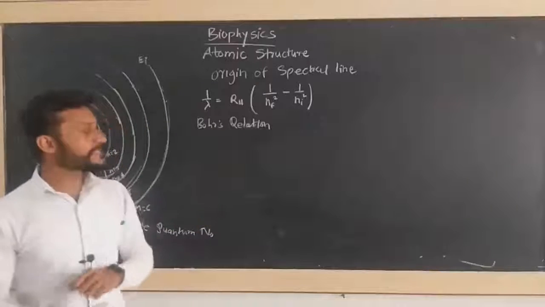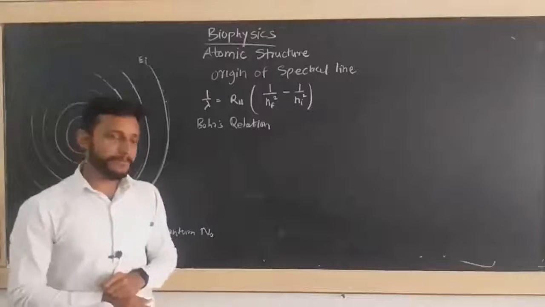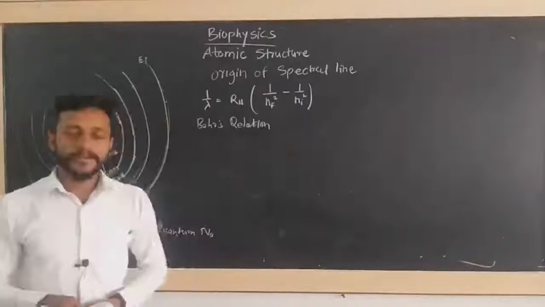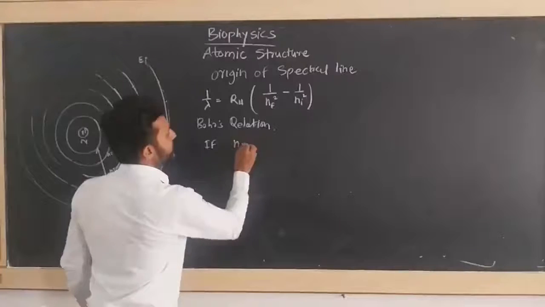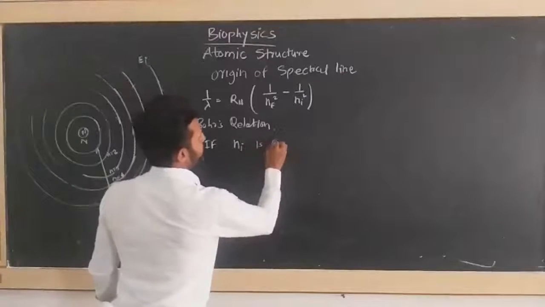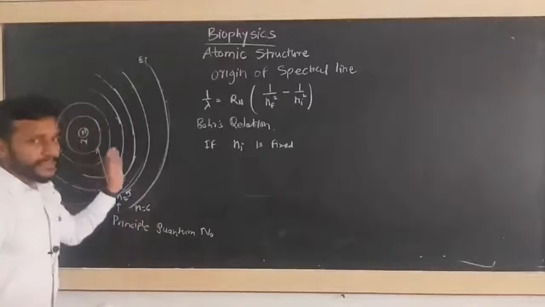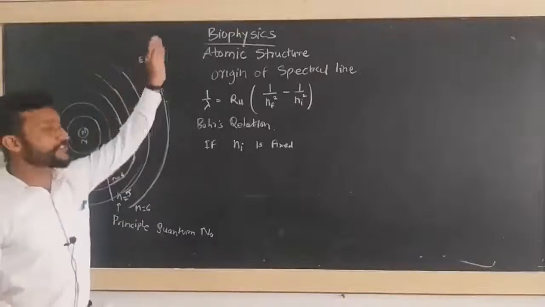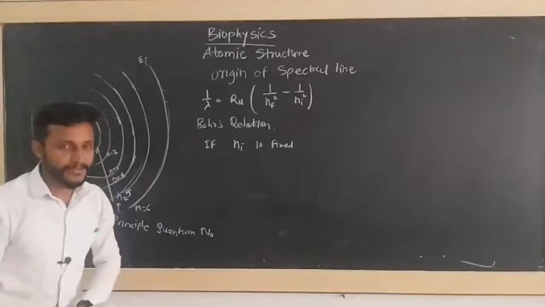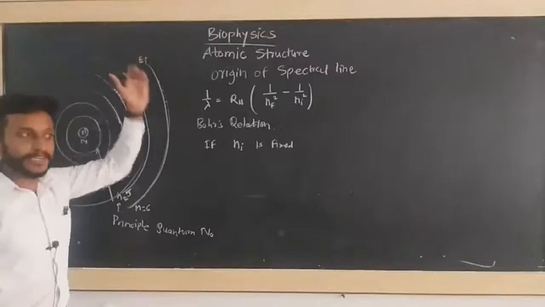So with the help of this relation, we have seen the various spectral lines of hydrogen atom. If n initial state is fixed, means atom has taken energy and the electrons get excited and jump to the higher state, n is equal to 3, 4, 5, 6 up to infinity.